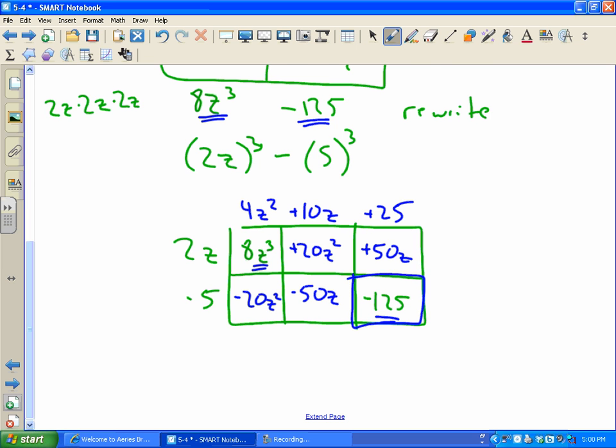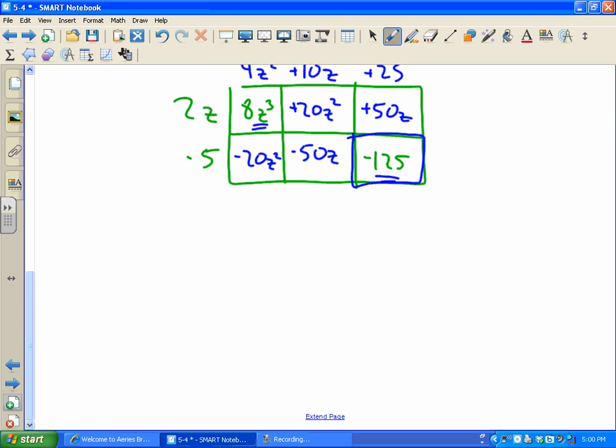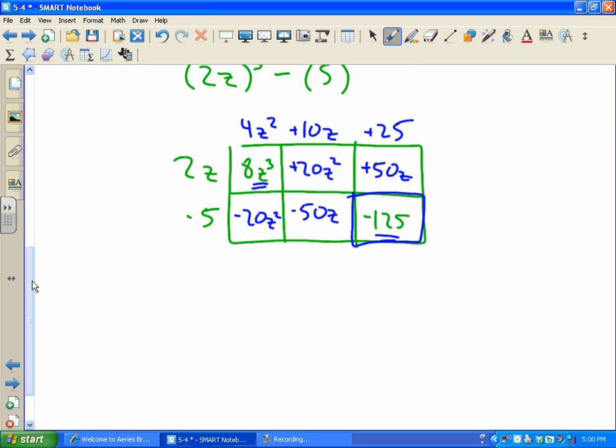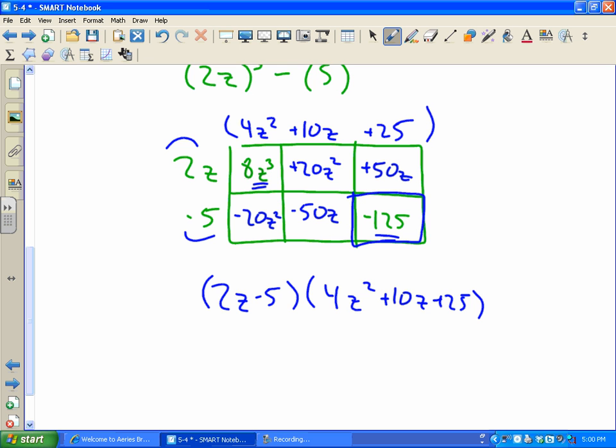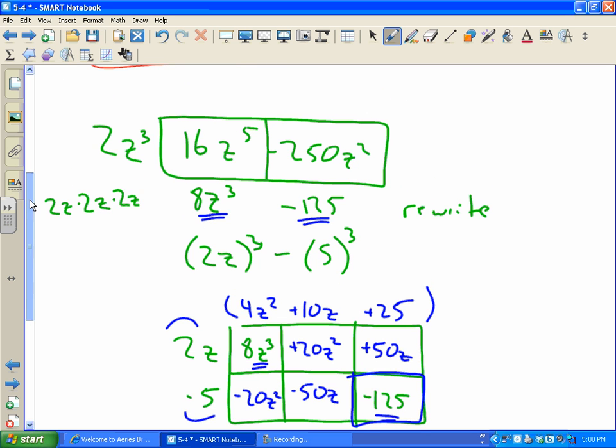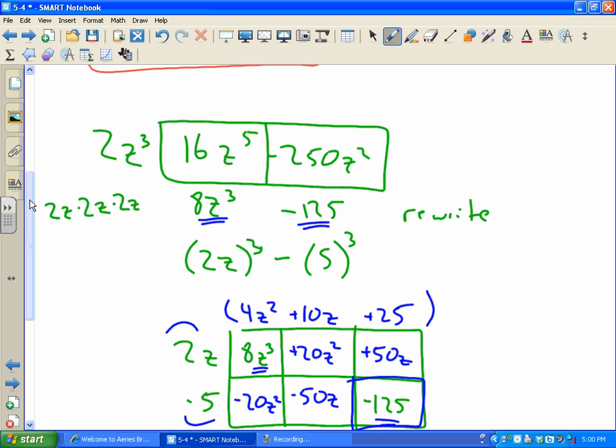So now, once again, we've got our factored form, and that's going to be 2z minus 5. Remember, your factors are what's on the outside, times 4z squared plus 10z plus 25. And don't forget about the guy at the very beginning, Mr. 2z squared.